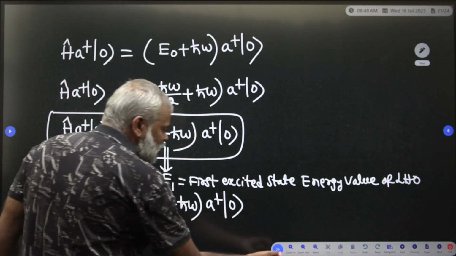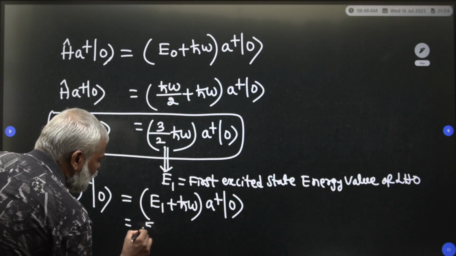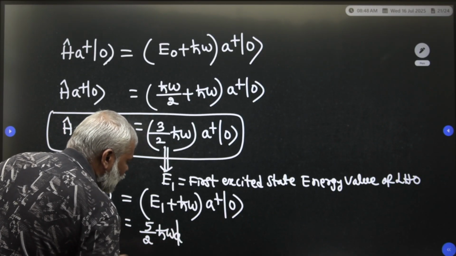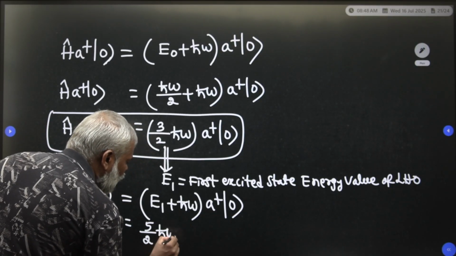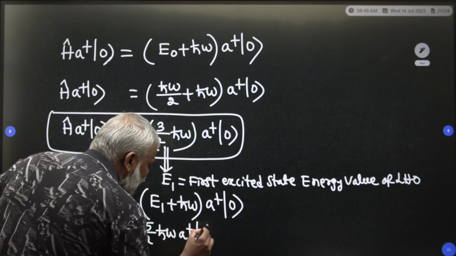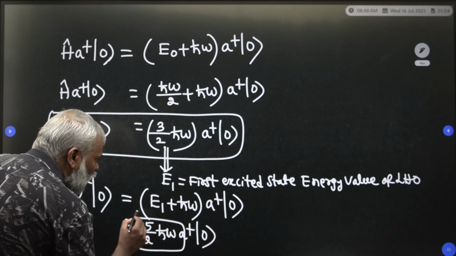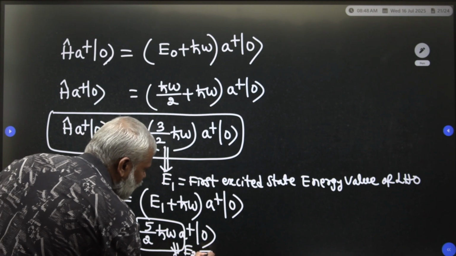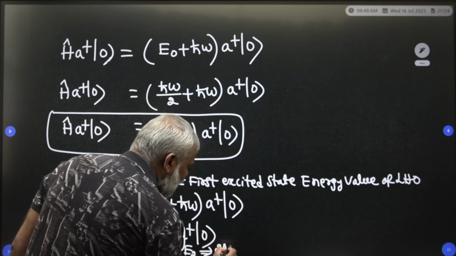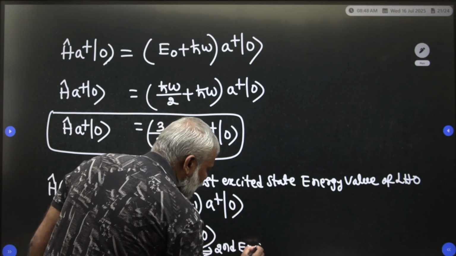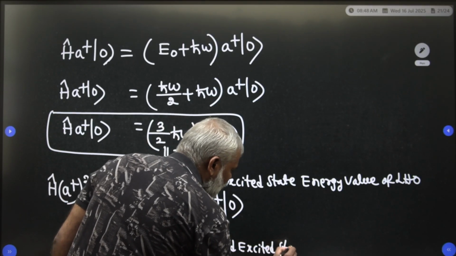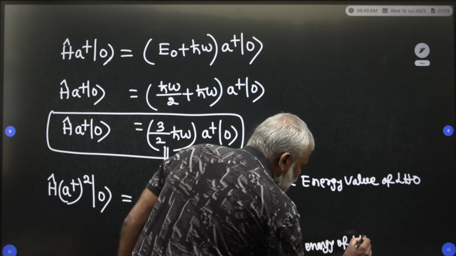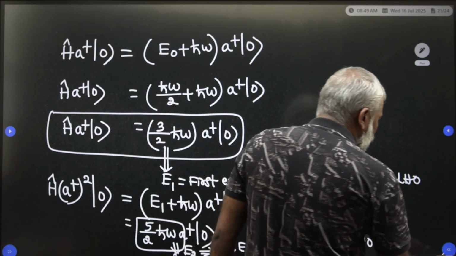So you get 5 by 2 H cut omega times A dagger ket 0. This 5 by 2 H cut omega is E2, the second excited state energy of a linear harmonic oscillator.